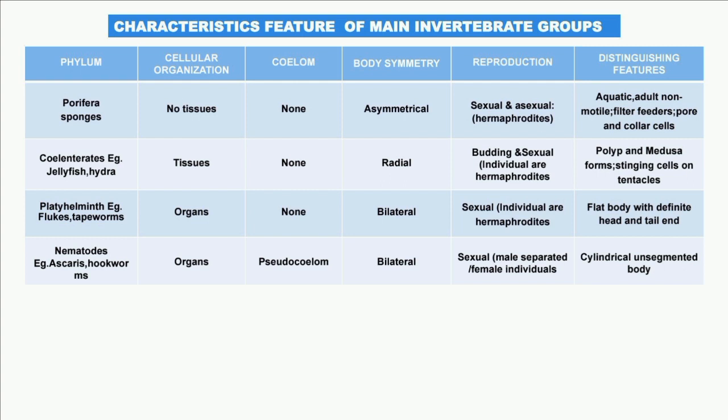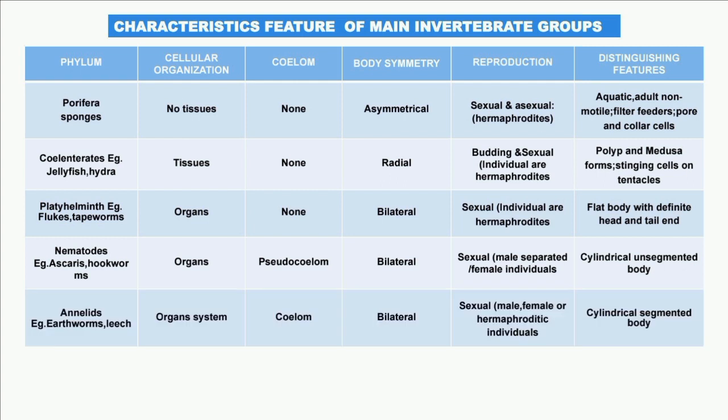The next phylum we will talk about is phylum Annelida. They exhibit organ systems as their cellular organization. Body cavity: they have a true coelom.